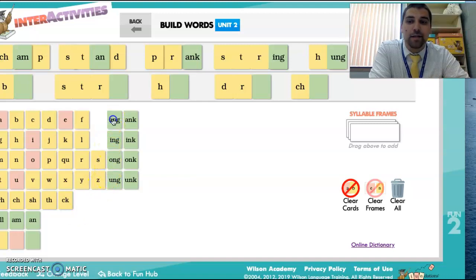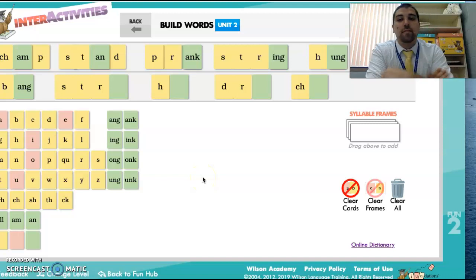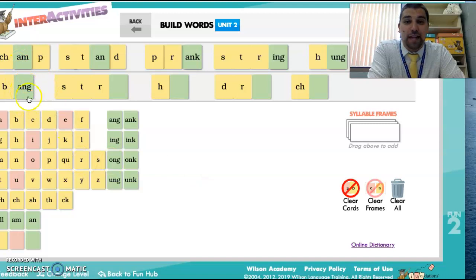Bang. Should be an A-N-G. Pause it, write it down on that whiteboard, tap it out, make sure you get that glued sound down, right? We really want to practice those glued sounds. Ang. Here's this next one.